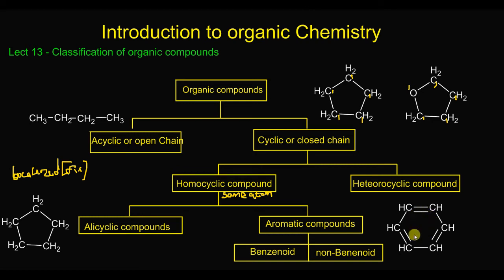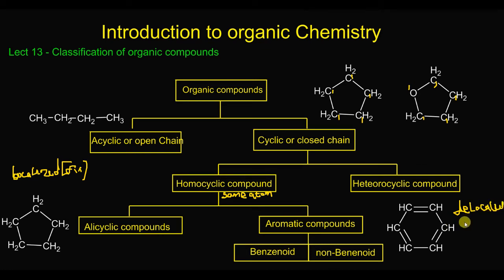Within this closed ring carbon atom, like this one for example, what you see is that the bonded electrons are delocalized, and these are called pi electrons. So delocalized, De means removed, or like not there.